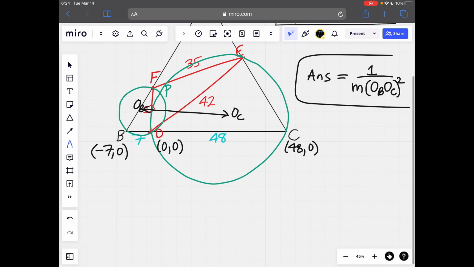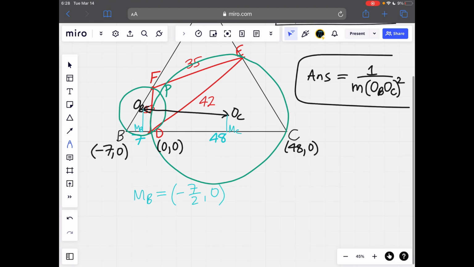To find the centers of the two circles, we introduce a coordinate system where B is located at minus 7, 0, D is the origin, and C is at 48, 0. Now we can drop two perpendiculars from OB and OC to the midpoints of BD and DC respectively. Let's call those midpoints MB and MC. Then MB is equal to minus 7 over 2, 0.